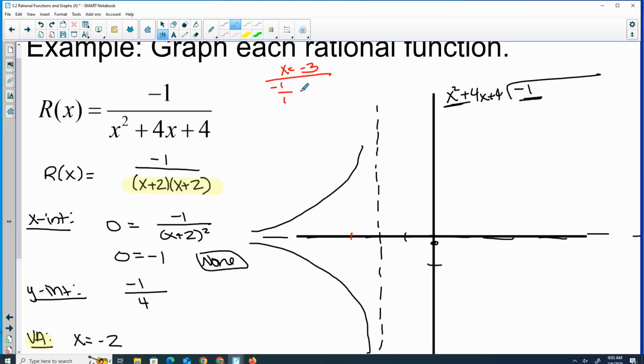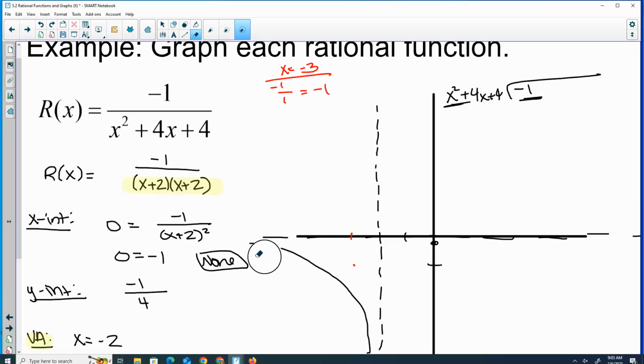What do we get out? -1. So -3, -1. So is this above or below? Below. That's all I needed.